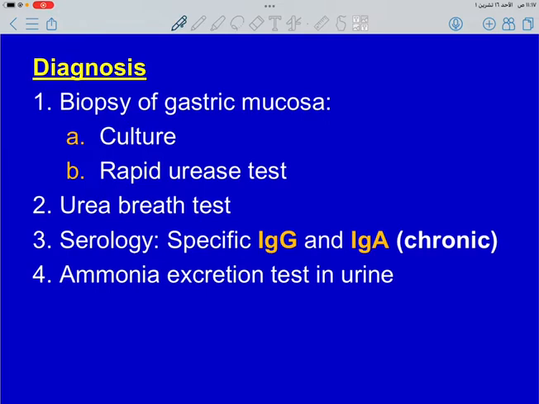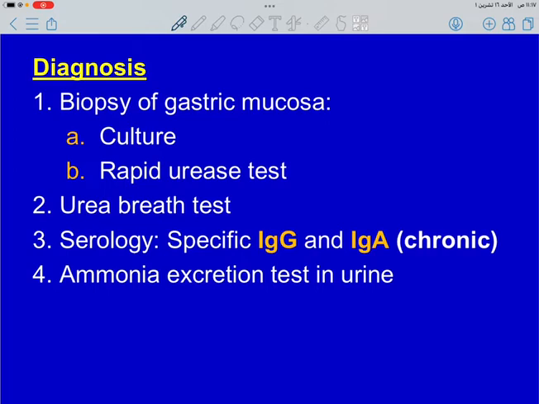So biopsy in microbiology from gastric mucosa: what do we do with this biopsy? We culture it, and we do a rapid urease test from it. We take a small piece of the biopsy by endoscope, which we talked about last time. Okay, we take a small biopsy and then we do urease test, rapid urease test.